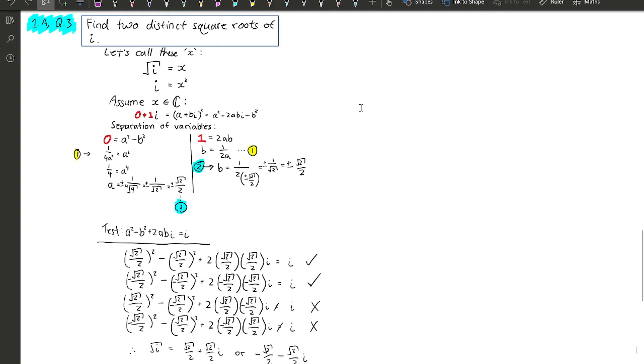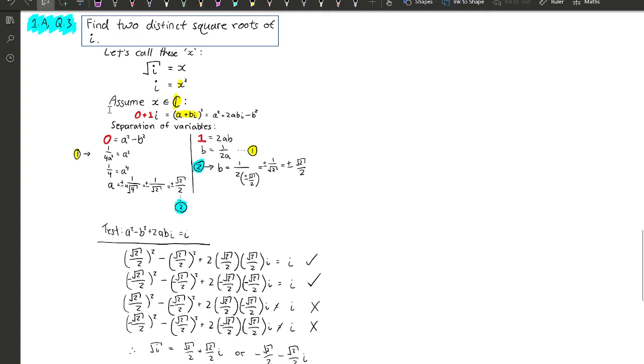So we're going to assume it's a complex number. We expand it, x is a complex number a plus bi, and it becomes a squared plus 2abi minus b squared.